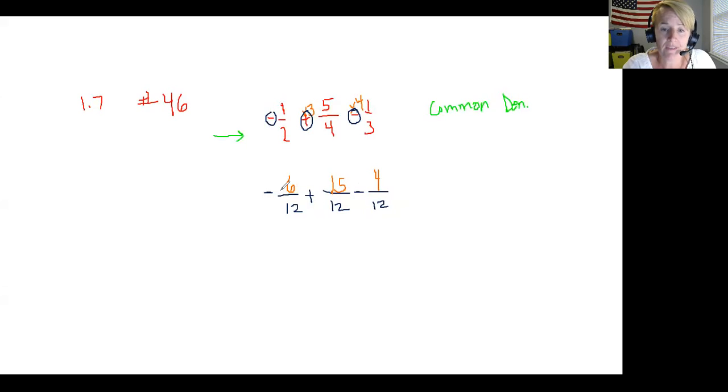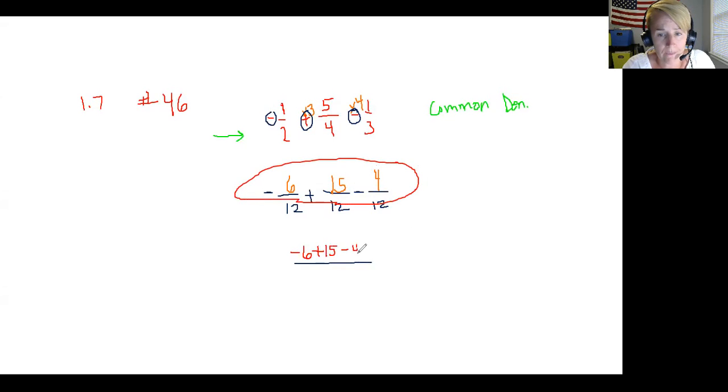So now what I have is negative 6/12 plus 15/12 minus 4/12. I think the absolute easiest way to do this is to put all of this on top in one swoop. So I'm going to say negative 6 plus 15 minus 4, and put all that over my common denominator, which is 12.